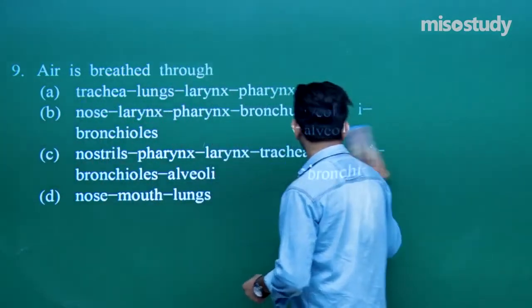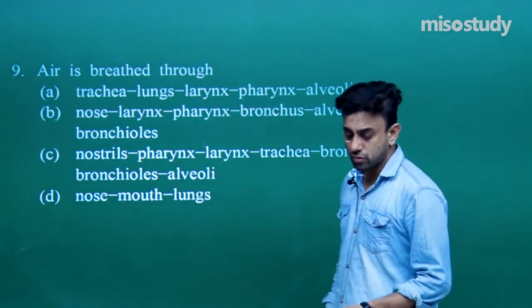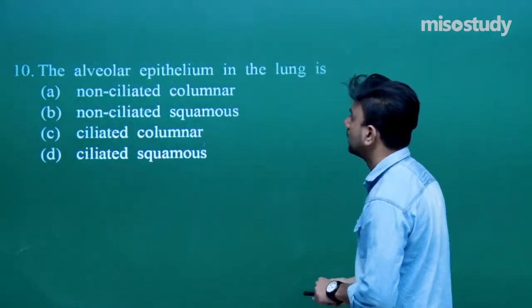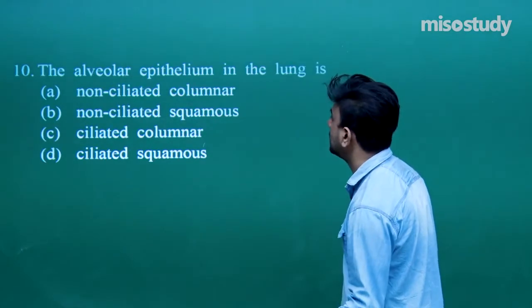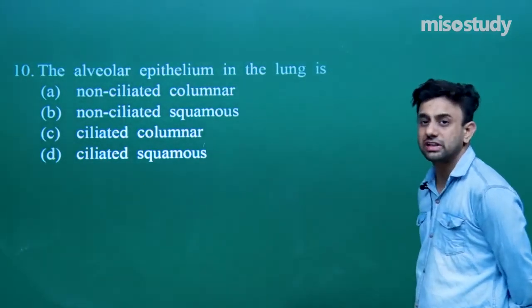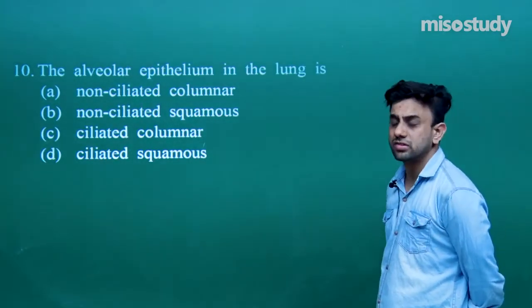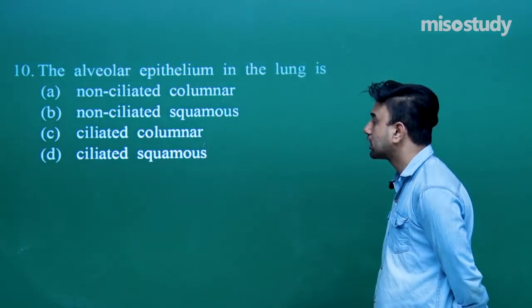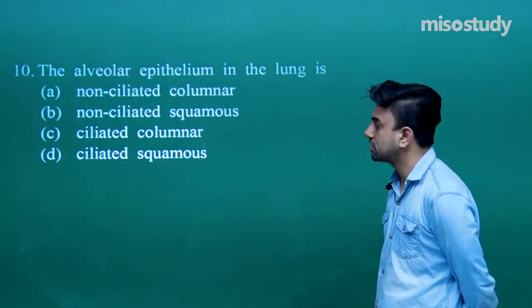What we see next, we will go on to the next question. The alveolar epithelium in the lung is: non-ciliated columnar, non-ciliated squamous, ciliated columnar, or ciliated squamous.